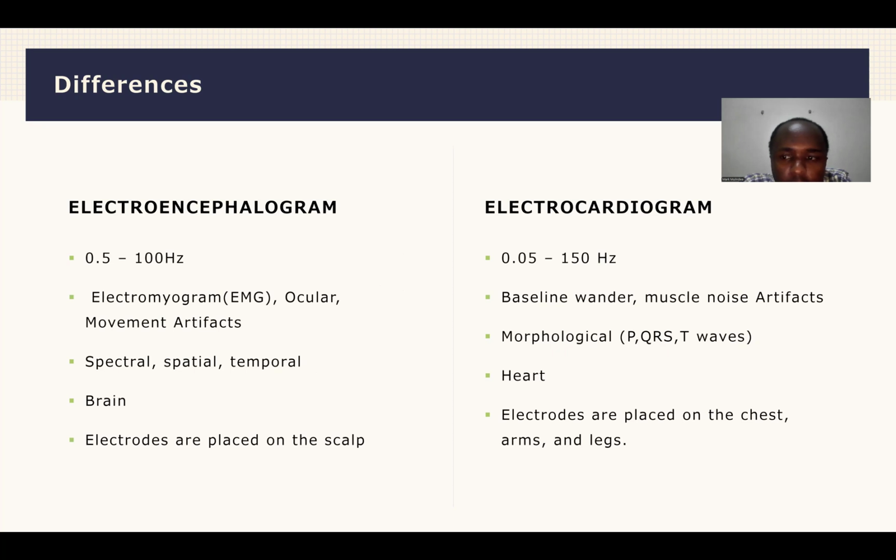Basically the difference between the two is that the electroencephalogram is between 0.5 to 100 hertz, and the electrocardiogram is between 0.05 to 150 hertz.